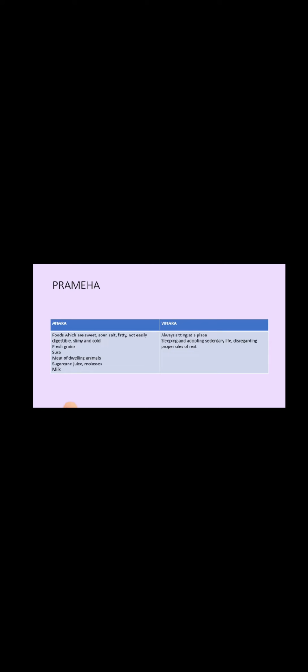As you know, ten doshas are explained in Prameha, so it is a Kleda Pradhana disease. All these three rasas increase the kleda, not only Madhura Rasa. So while giving advice, we have to tell the patients to avoid not only Madhura but also Lavana and Amla.